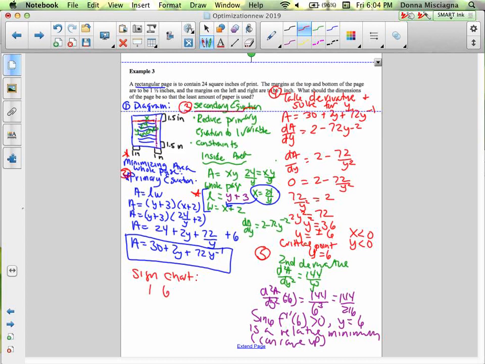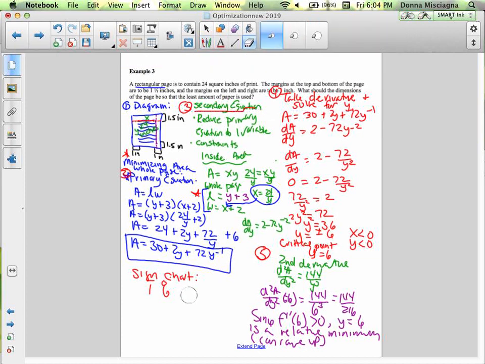If I used 1 and 7, so if I plugged 1 into the derivative, I'd have 2 minus 72. So negative 70 is definitely a negative number. And if we plugged in, instead of a 7, let's use an 8. So it'd be 2 minus 72 divided by 8 squared. 72 divided by 64, that's less than 2, just a little bit more than 1.